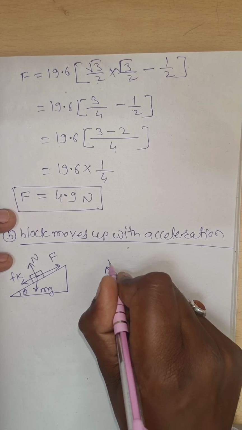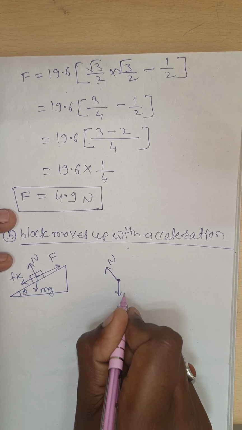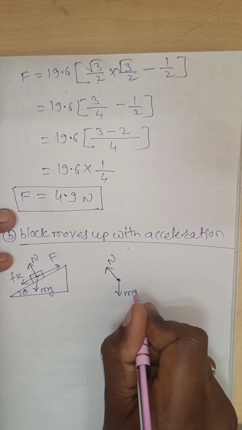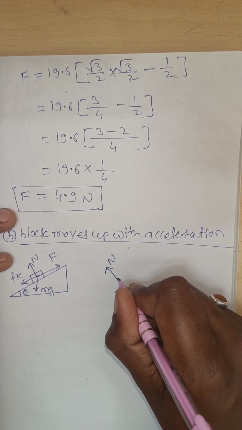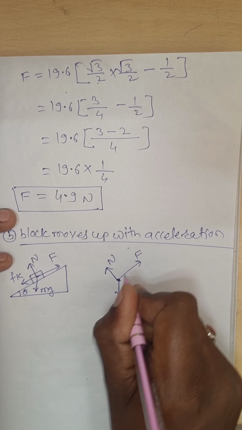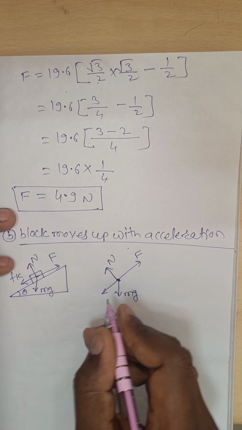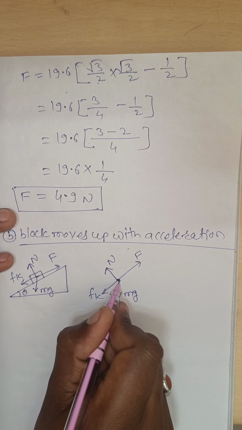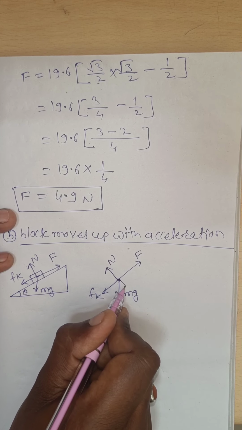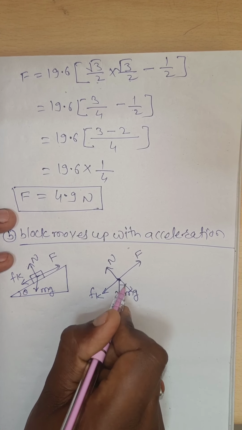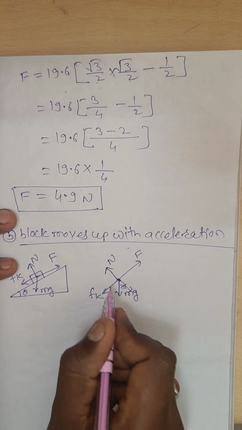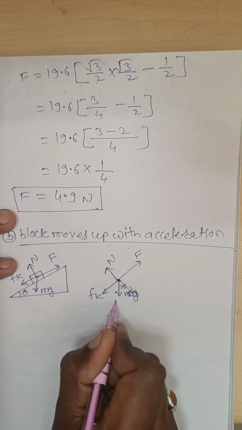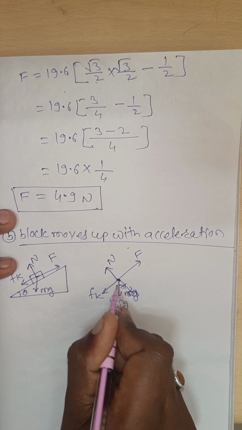This is the normal reaction, this is mg in the downward direction, this is the applied force and this is the kinetic friction. Now this angle is theta.